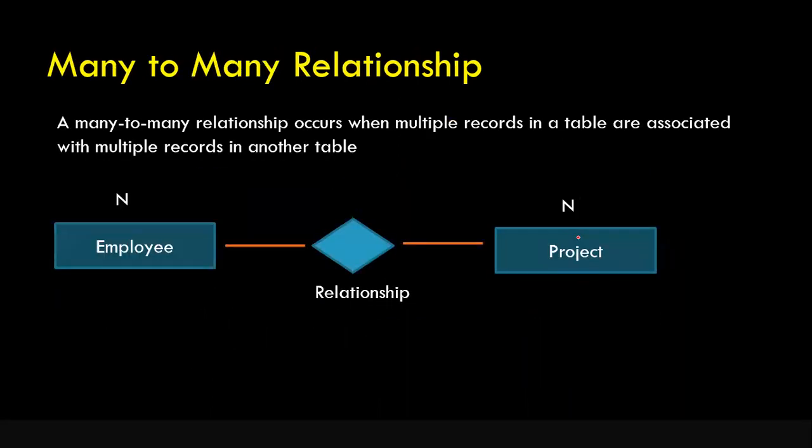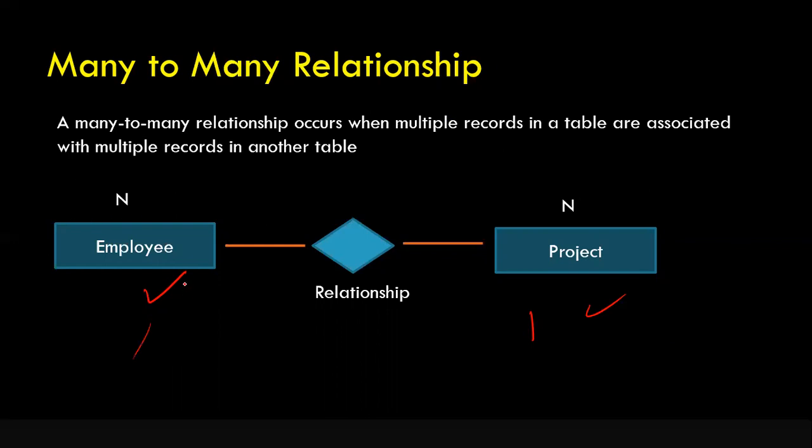And now the many to many relationship. What is a many to many relationship? Multiple records in a table are associated with multiple records in another table. In this case, more than one employee can work on a single project, and a single project can have multiple employees in it.